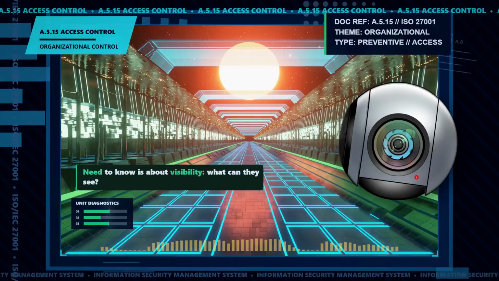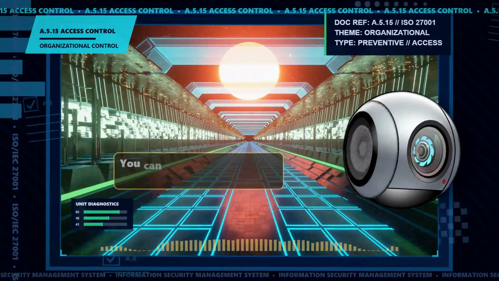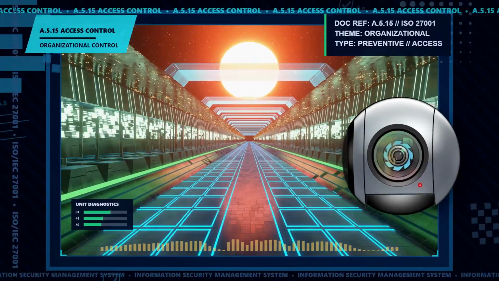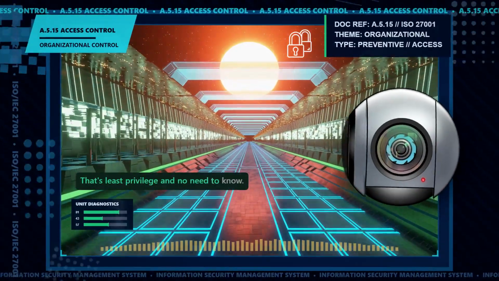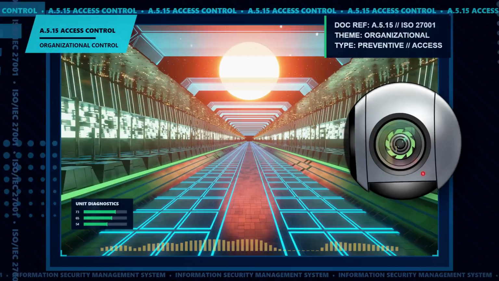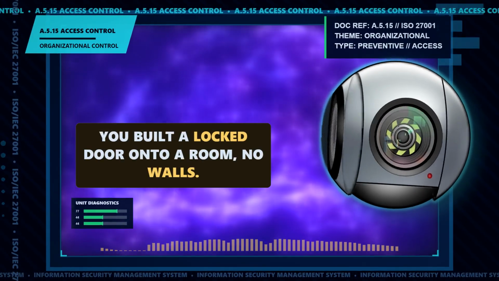What can this person see? Only the information the role actually requires. You can have one without the other, and it's ugly both ways. A person with view-only access to every single customer record has least privilege and no need to know. Congratulations. You've built a beautifully locked door onto a room with no walls.